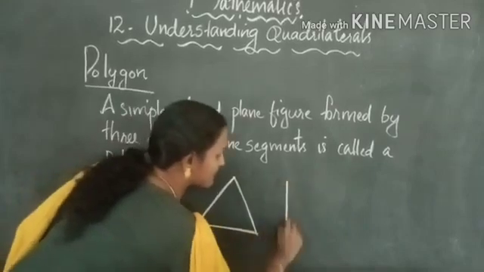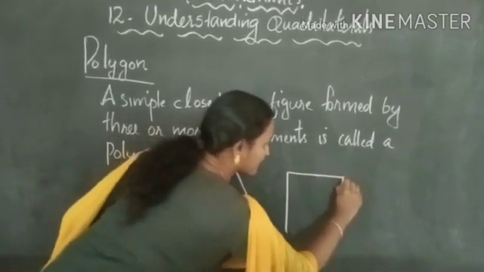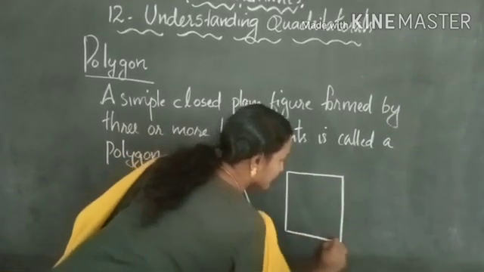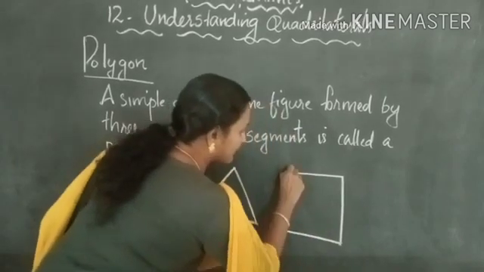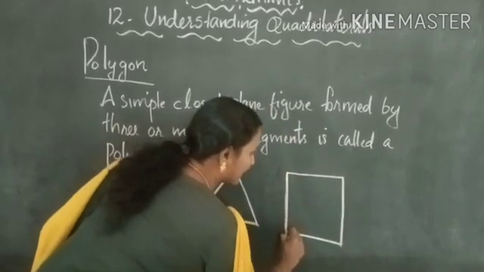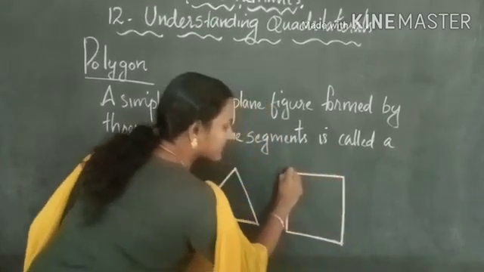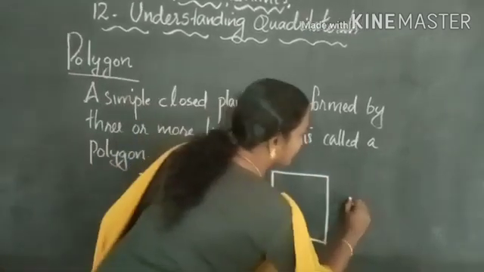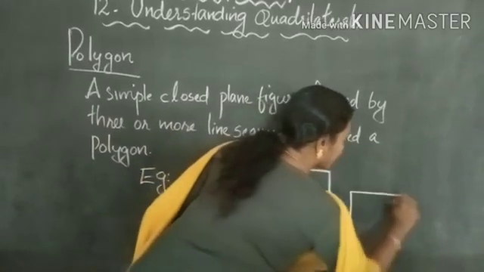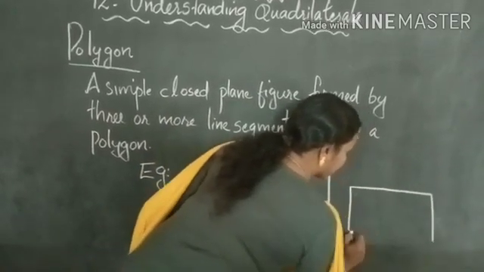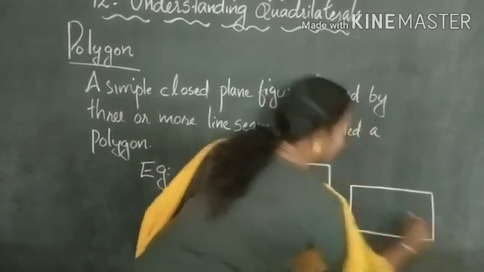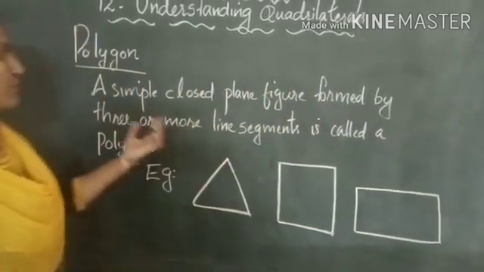Then square, start and end at the same point. Rectangle. These are examples of polygons.